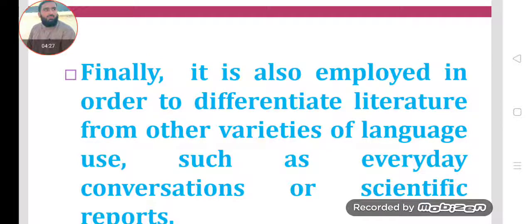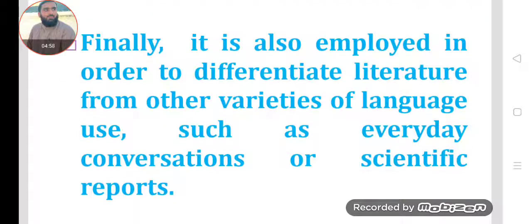Finally, it is also used in order to differentiate literature from other varieties of language use. We use language everywhere in everyday, routine life, but there are differences between the usage of language in literary texts and in routine life. So one of the functions of foregrounding is to differentiate the language of literature from other varieties of language usage, such as everyday conversation or scientific reports.